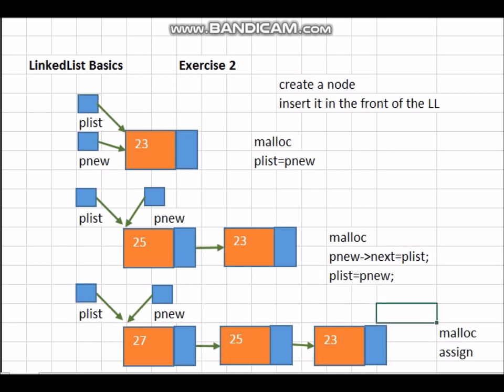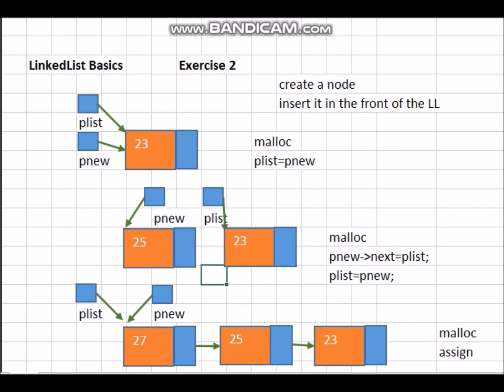So let's understand how it works. What happened really was plist was pointing to 23 and this arrow was not there. So we have plist pointing to 23, and we make a new node called pnew which points to 25.